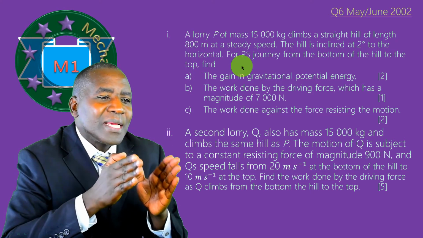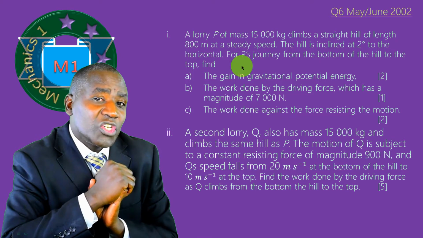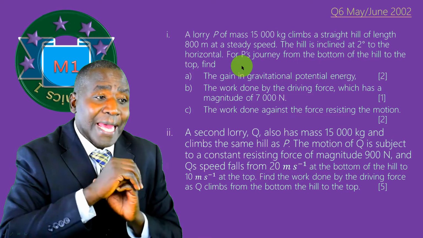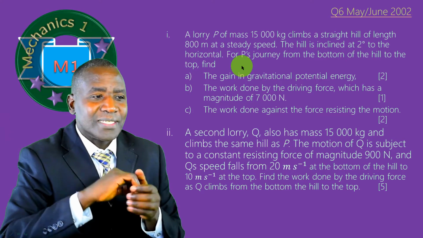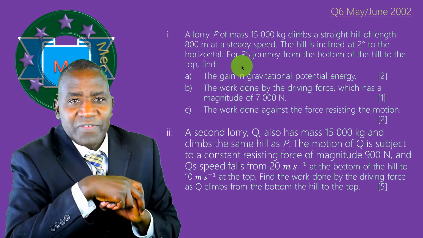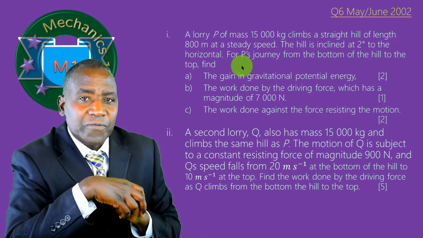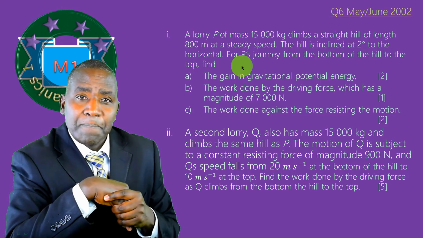The work done by the driving force. And the driving force has a magnitude of 7,000 newtons. Of course, the driving force must be along the incline. So if I know the distance moved is 800 meters, and I know 7,000 newtons is the driving force, I can use work done equals force times distance to get that.